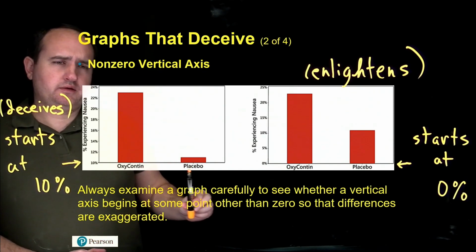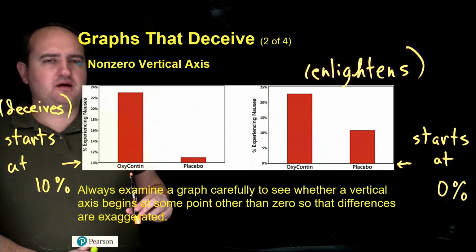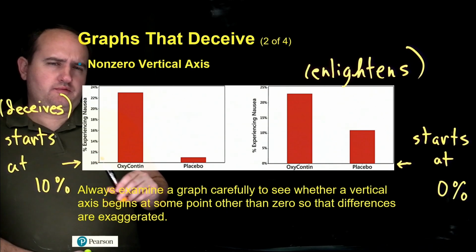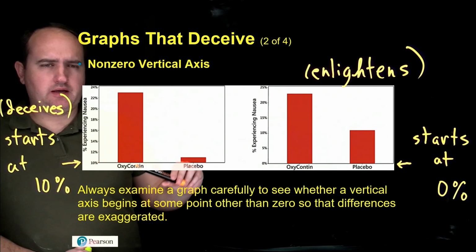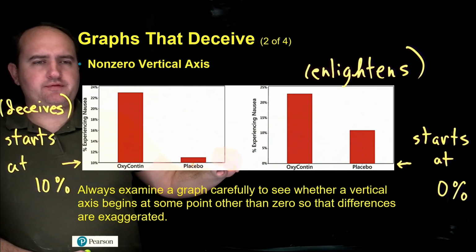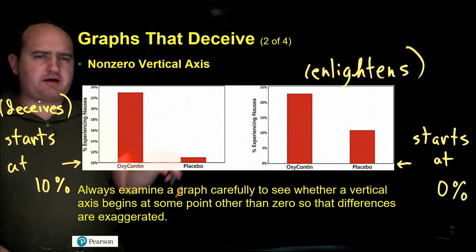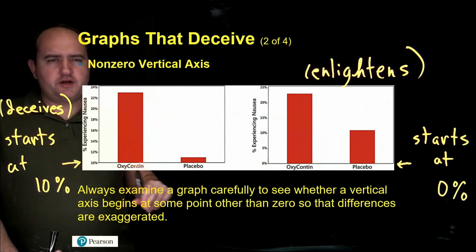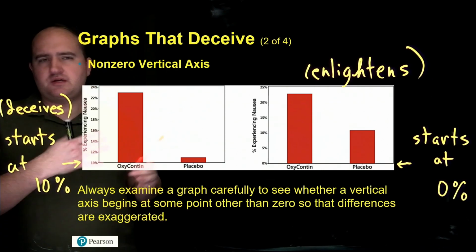Or like here, this is saying that for OxyContin, this graph on the left and this graph on the right, this bar on the left and the bar on the right, maybe for this first graph, we might want to use this one even though it's lying to us if we wanted to make OxyContin seem like it caused a lot of nausea.